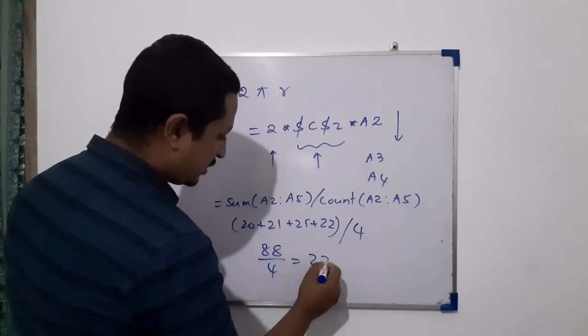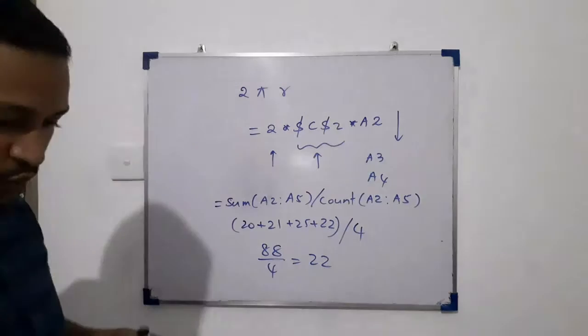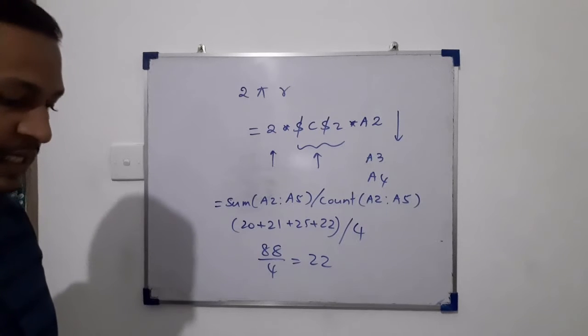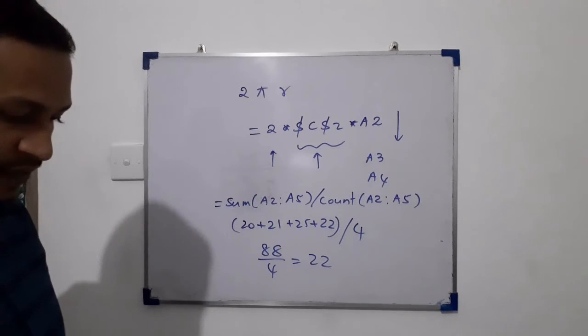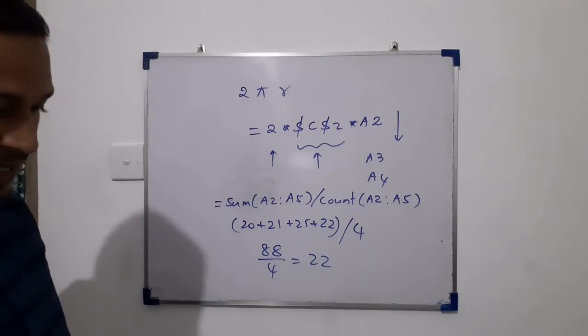The answer should be 22. That means the answer is the third one for the 17th question.